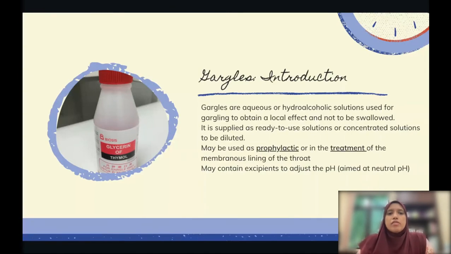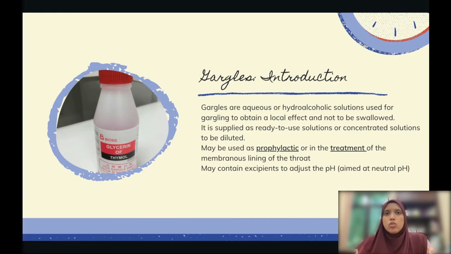We will begin with the first product under the oromucosal preparations, which is gargles. I think most of us have some experience using gargles, right? Gargles are aqueous or hydroalcoholic solutions used for gargling to obtain a local effect and not to be swallowed. This is an important thing to be remembered.